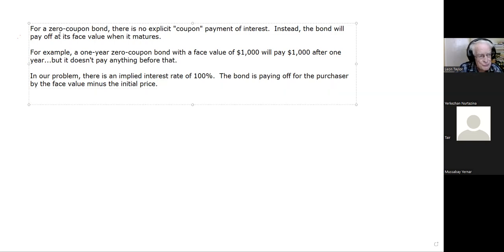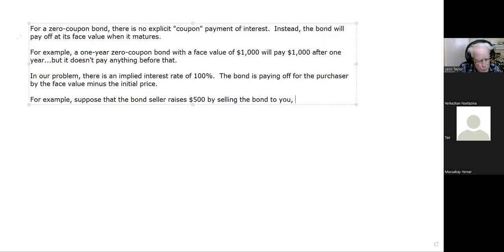So for example, not for this particular problem, but in general, suppose that the bond sells for $500. To the lender, you pay 500.